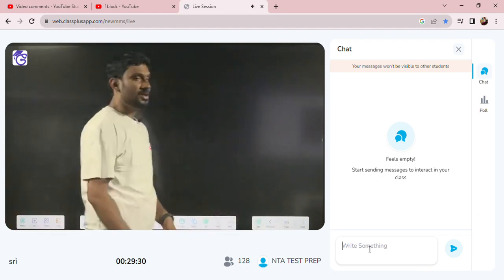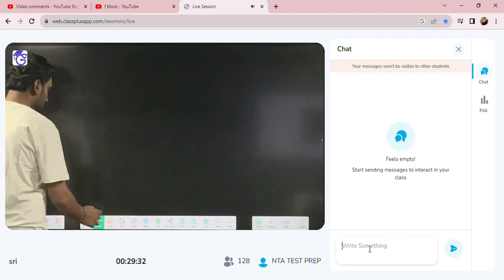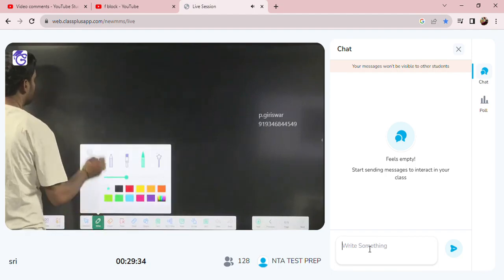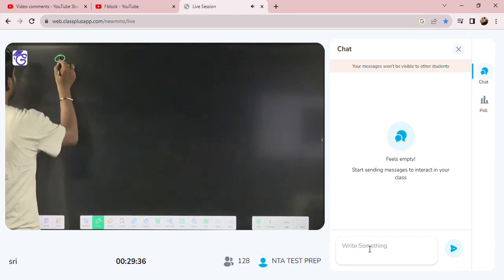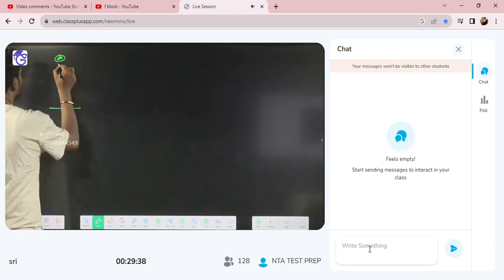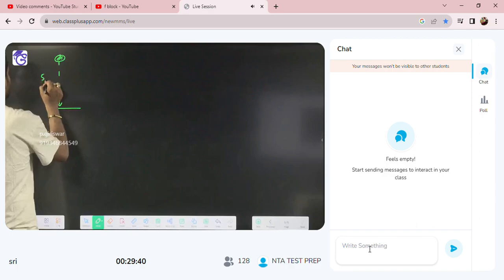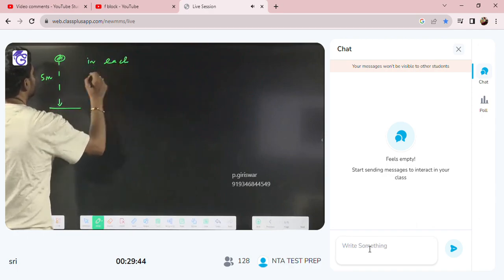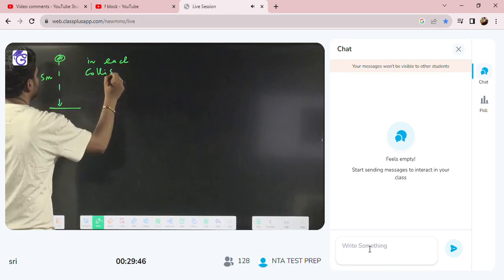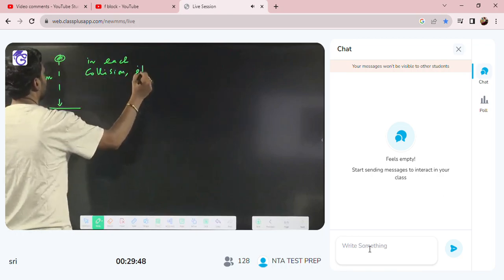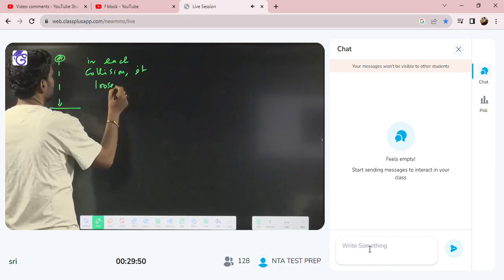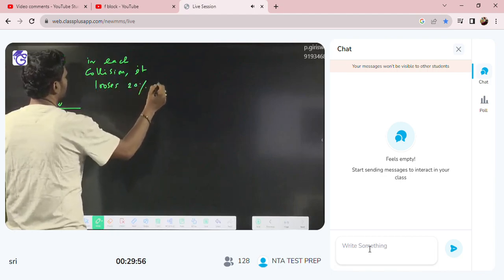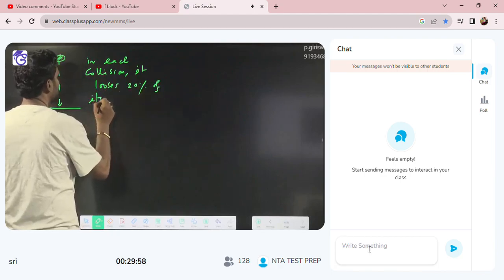So just one last question. This ball is coming down from a height of 5 meters, and in each collision it loses 20% of its energy.